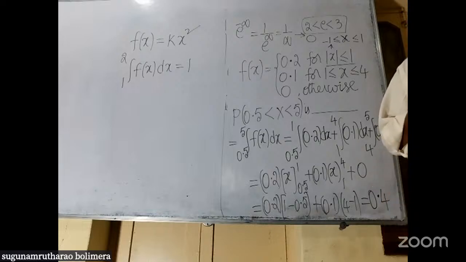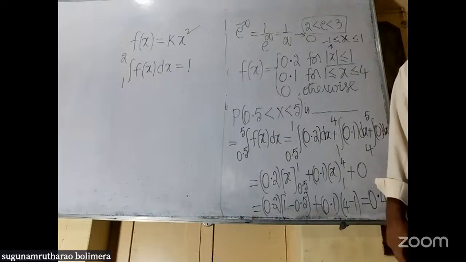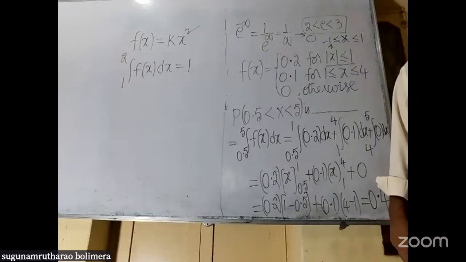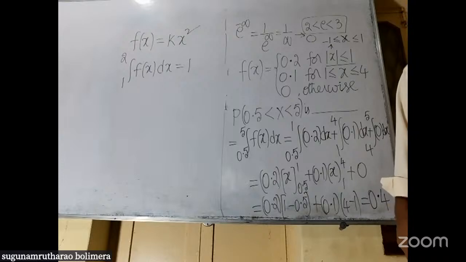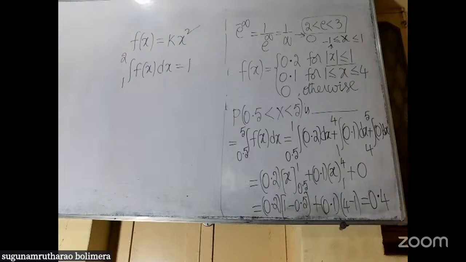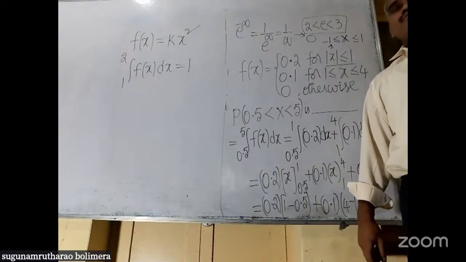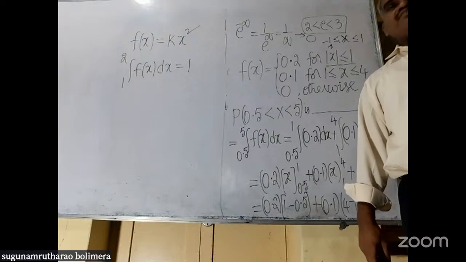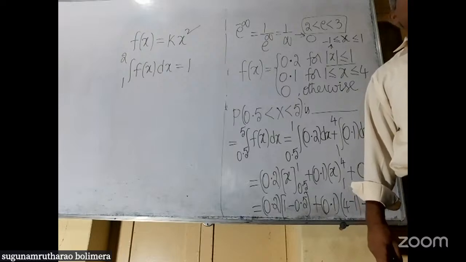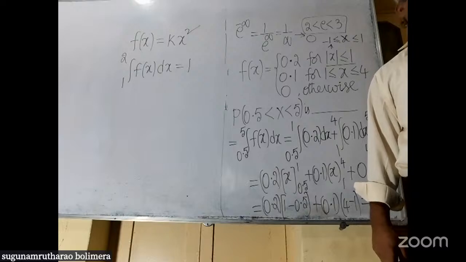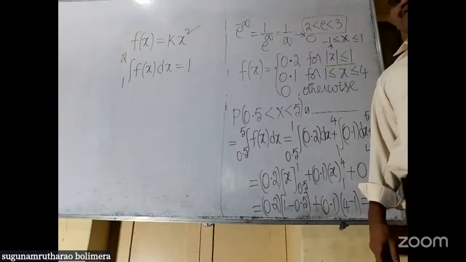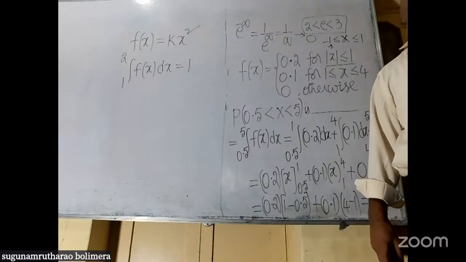Since the given function is a probability density function of a continuous random variable, as the minimum is 1 year and maximum is 2 years lifetime, integral from 1 to 2 of f of x dx equals 1.